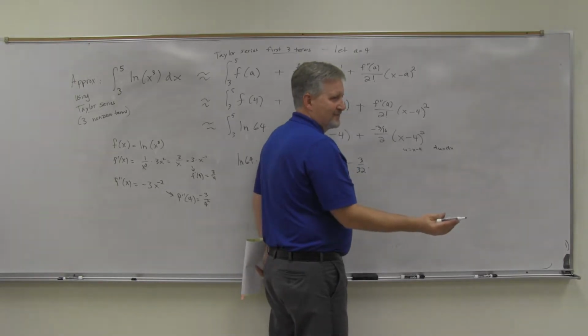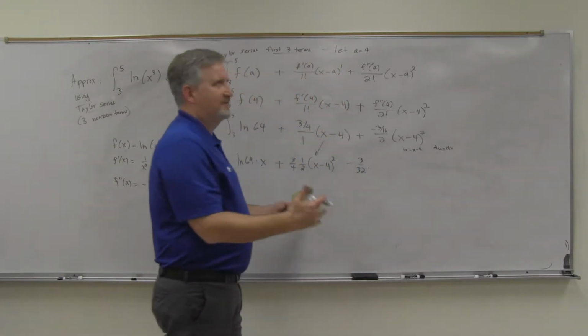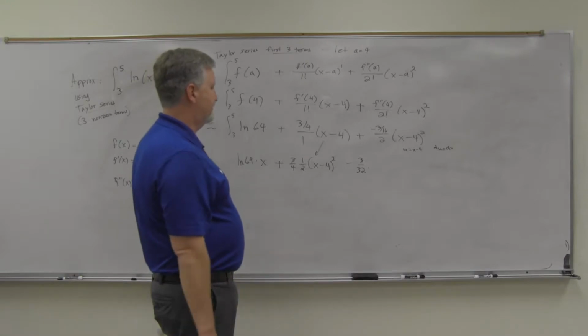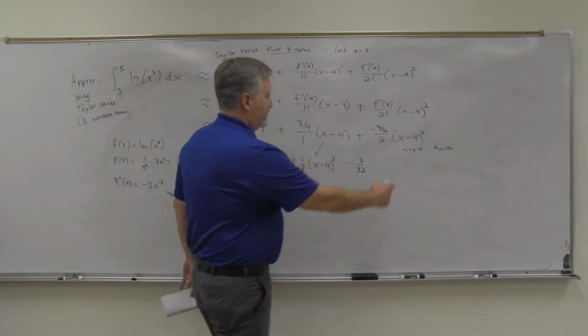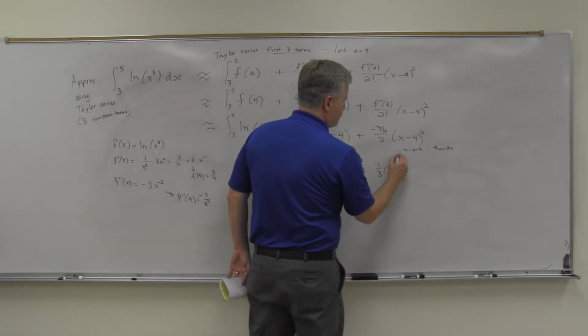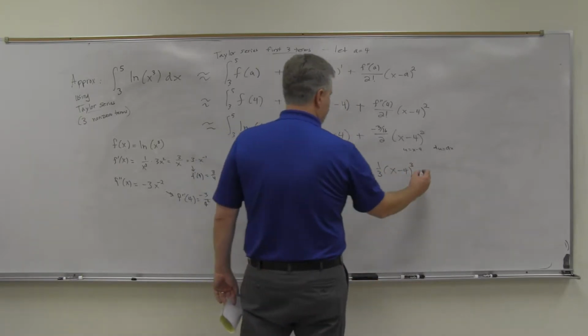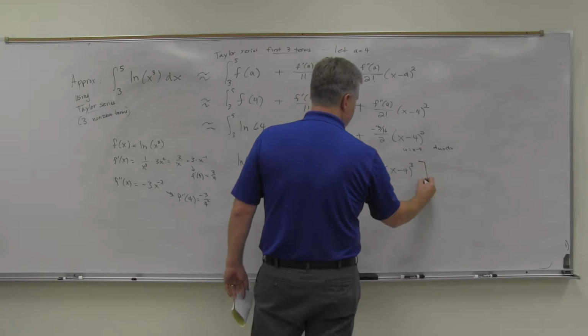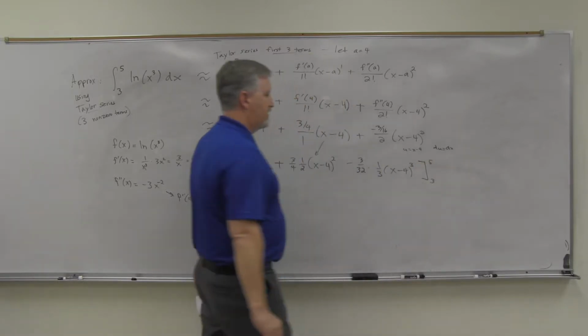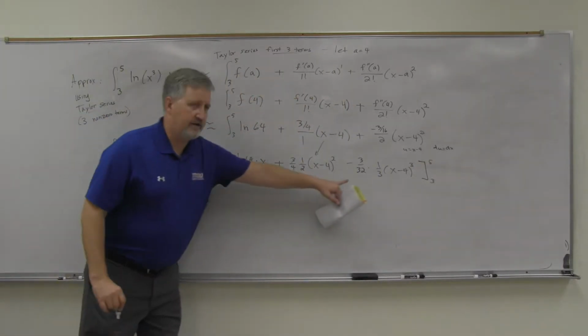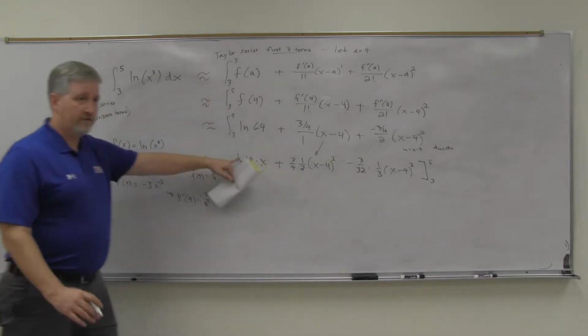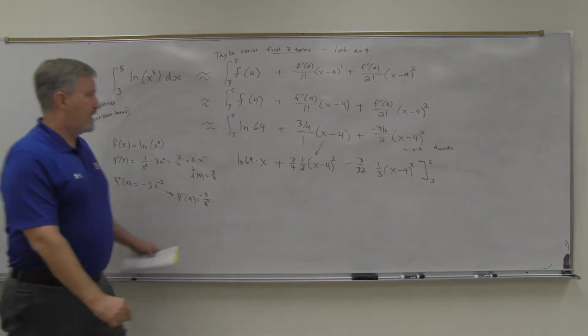So there's no extra factor in there. Just power rule: 1/3 times (x minus 4) cubed. Those are pretty nice. With me there? Any questions how I got that? And then we'll do 3 to 5. Any questions on how I got here? Good with that? Okay.